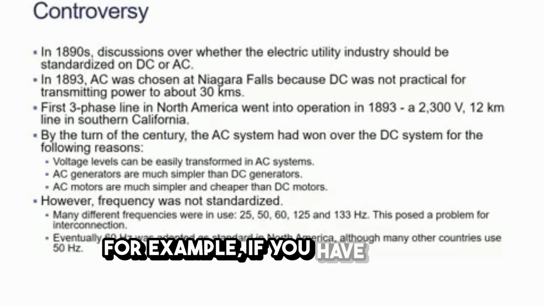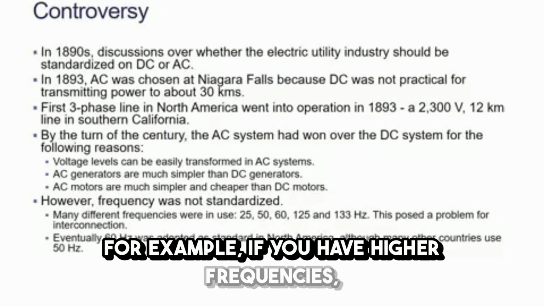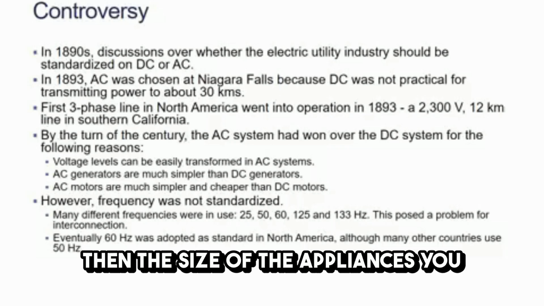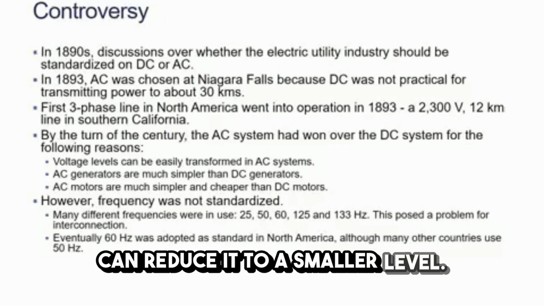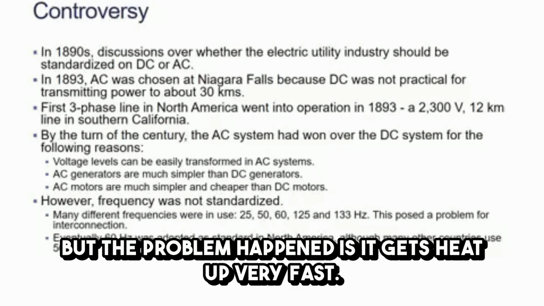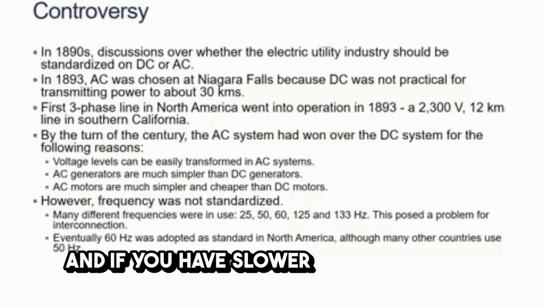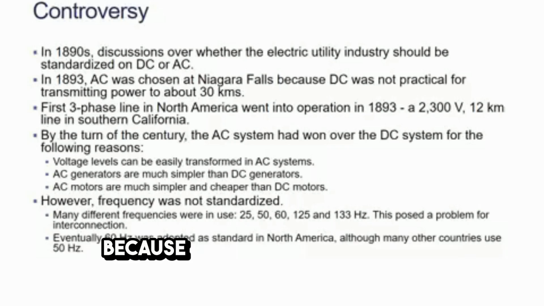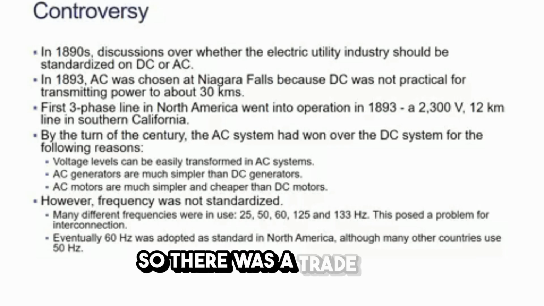For example, if you have higher frequencies, then you can reduce the size of the appliances to a smaller level. But the problem is that they heat up very fast. And if you have lower frequencies, you need bigger systems, because from the wavelength point of view, the size of appliances becomes higher. So there was a trade-off.